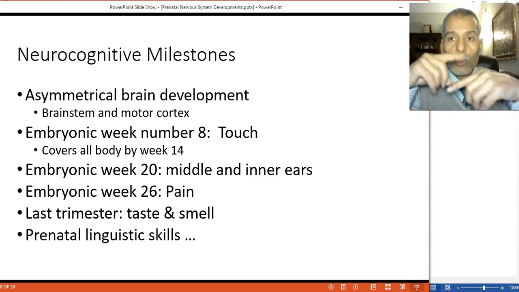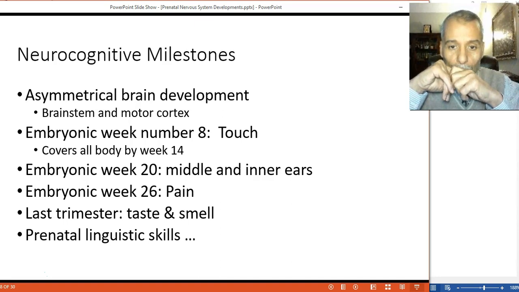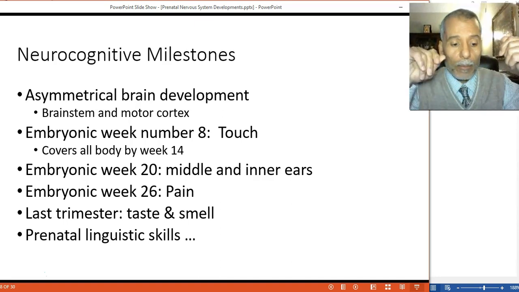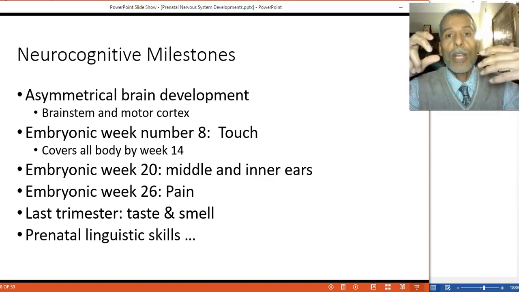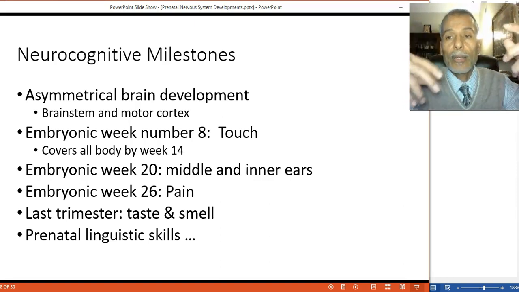The baby is going to become more familiar with it and will be able to recognize it before birth and as soon as the baby is born. So the idea that pregnant women reading to their babies in the last trimester is not a myth. It definitely is going to make the baby familiar with the language and with the sounds and with the rhythm of the sentences.